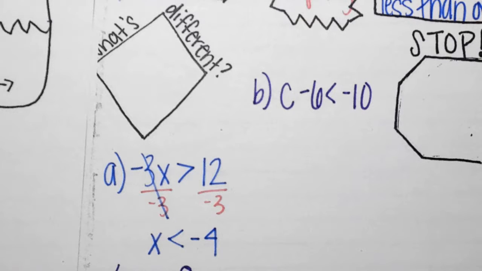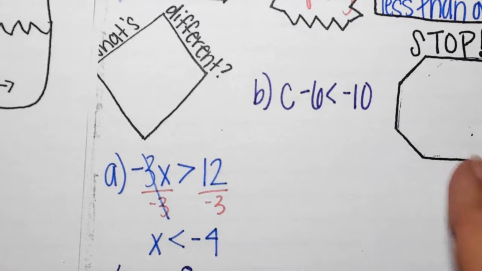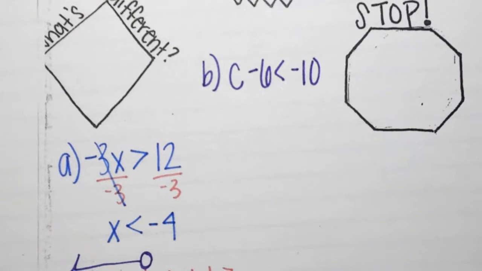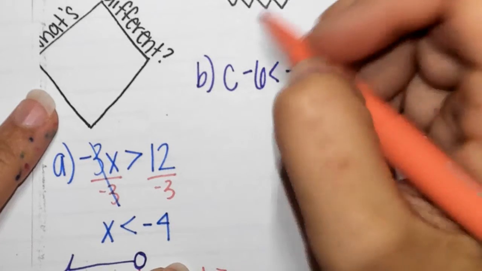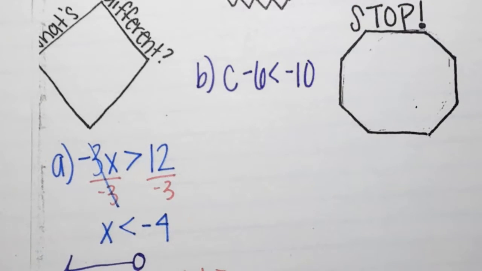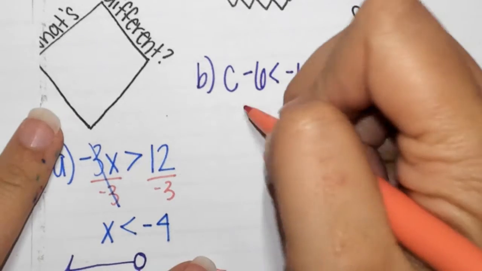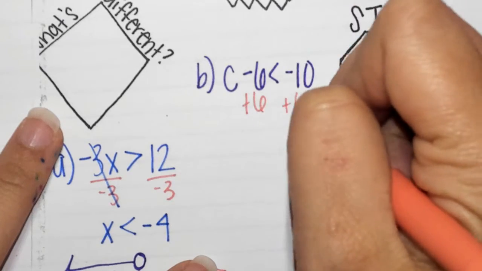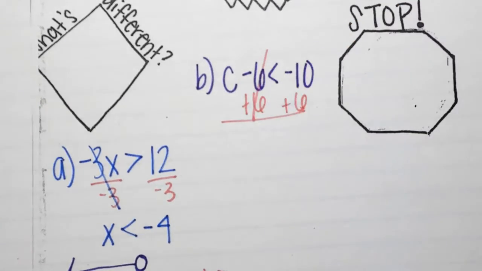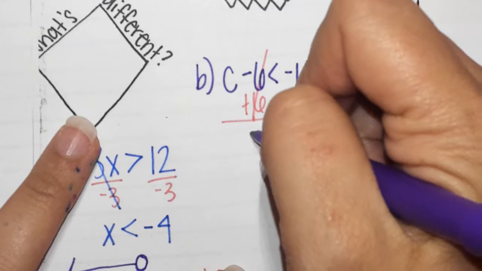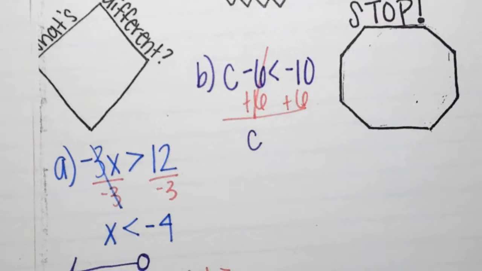I just don't want you to hurt your eyeballs by squinting. All right, Jahir, can you tell me what to do first? I believe you will add 6 on both sides. Fantastic. Take a point. Now, do I need to flip my sign, Mason?